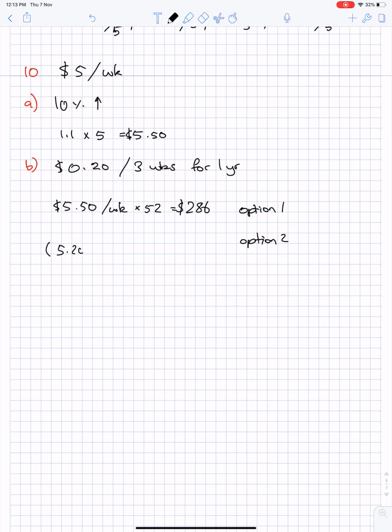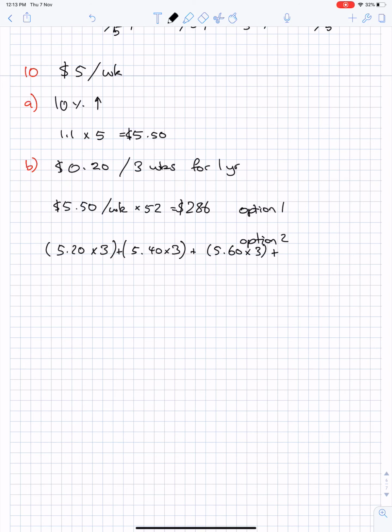So 5.20 times 3. There was a formula for this, I forgot. And then 5.40 times 3, right? Because every 3 weeks it's increasing. Plus $5.60 times 3.